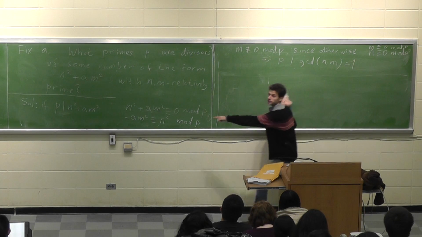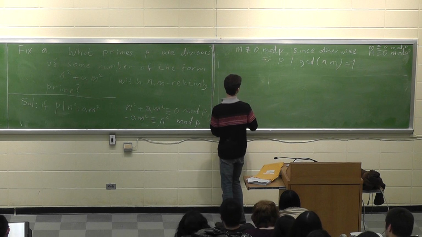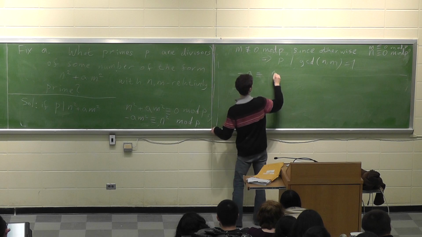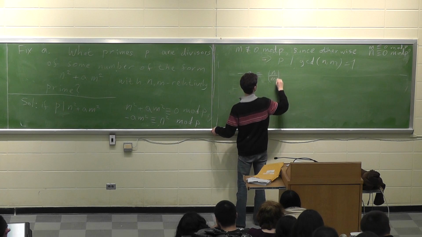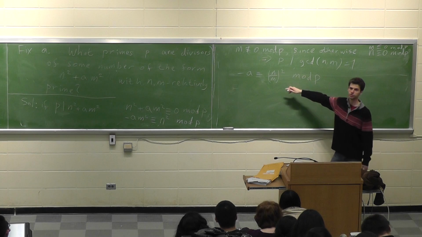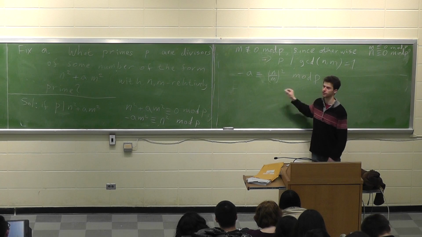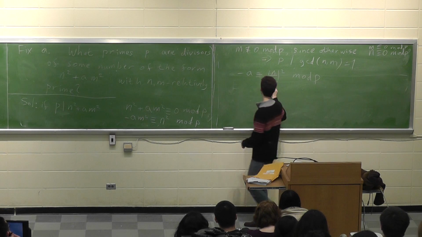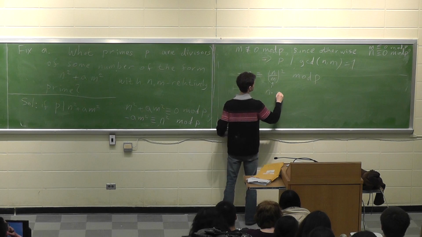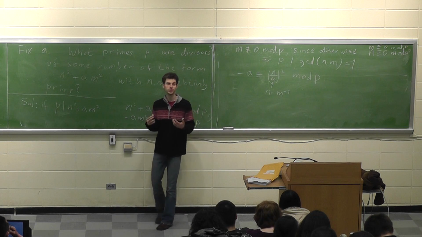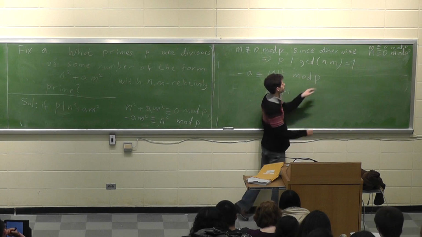So we can divide by m squared and get that minus a is congruent to n over m squared modulo p. In this notation, I'm referring to the number n times the multiplicative inverse of m, in the sense of inverse modulo the prime number p.